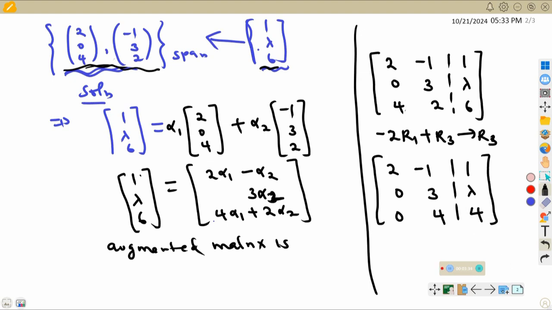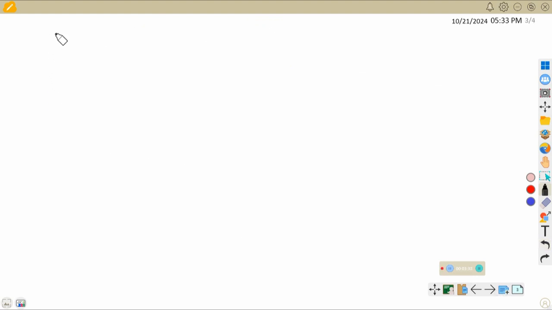So next we can also apply another operation. So we already have 2, negative 1. This is 1. So here we have 0, 3. This one here is lambda.